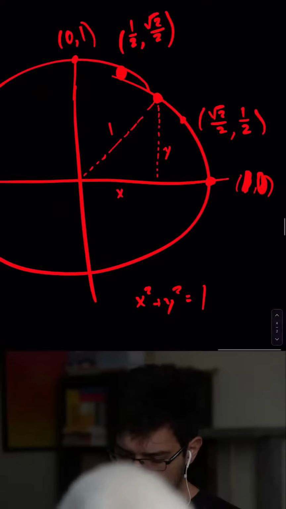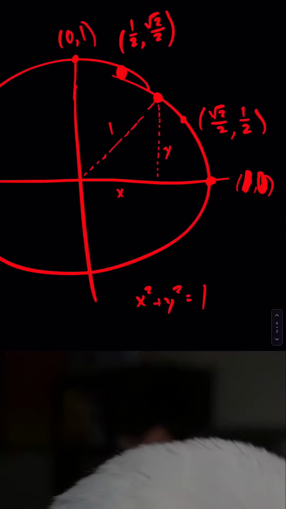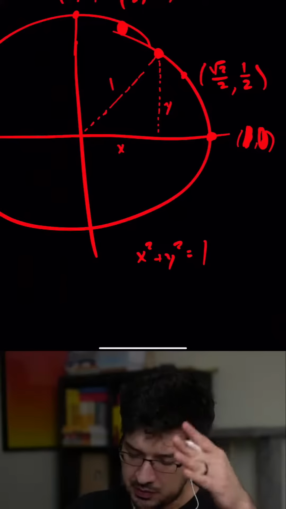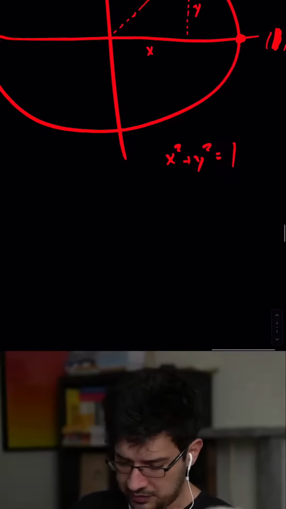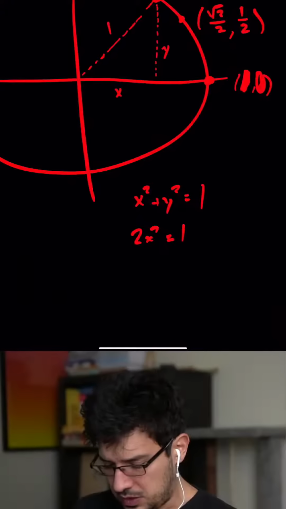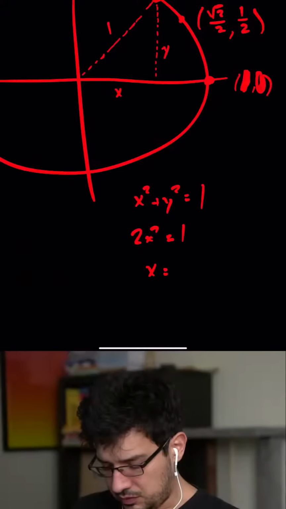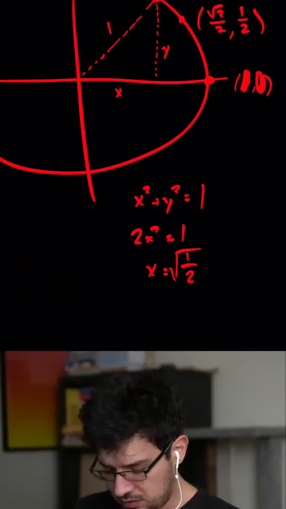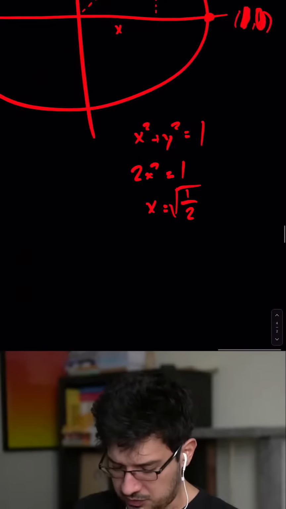And because the angle is a 45 degree angle, I know x and y are equal to one another. 2x squared equals 1. X equals, yeah, this is what I was feeling, there's something wrong. 1 over square root of 2.